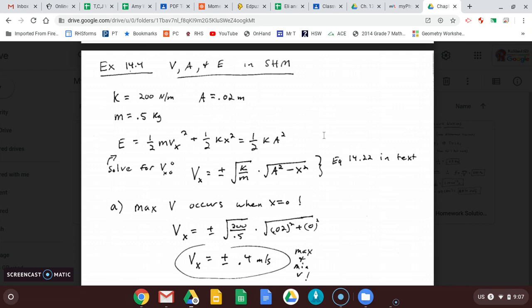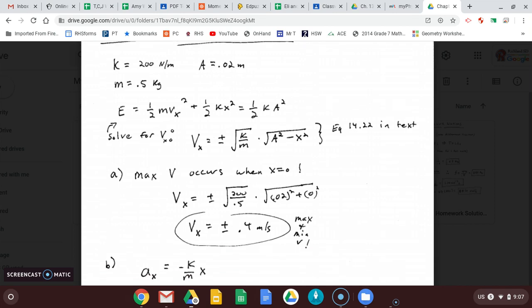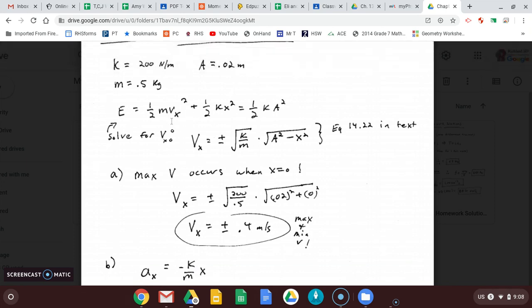All right, so I'm going to solve first this equation for v sub x, or just v. I'm going to isolate it first, and then we'll use that to solve part A. So if I isolate it algebraically, I could get it to look like this expression down here.